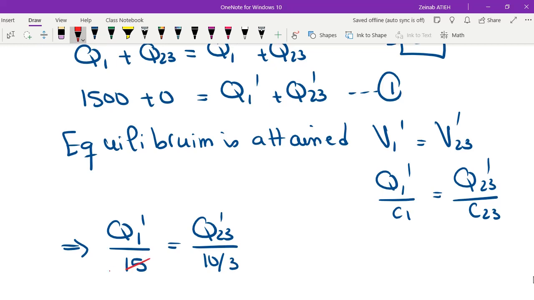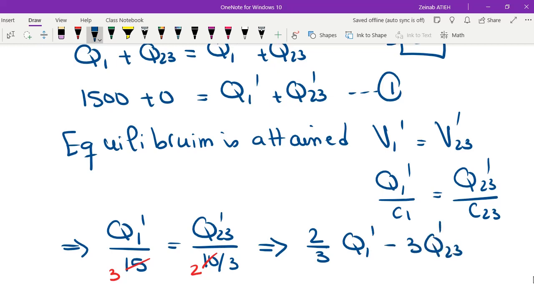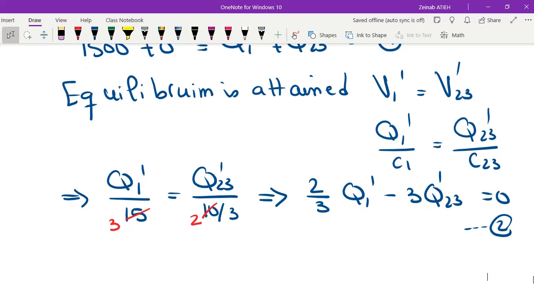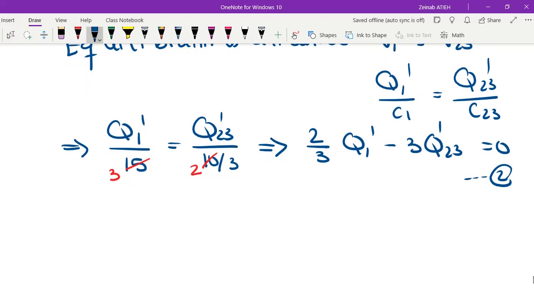Here divided by 5 gives 3, and divided by 5 gives 2. Cross multiply, we will get 2 over 3 Q1 prime minus 3 Q23 prime equal to 0, and this is the second equation. Now we have two equations, two unknowns, Q1 prime and Q23 prime. Solve them together, use your calculator, any method you like.